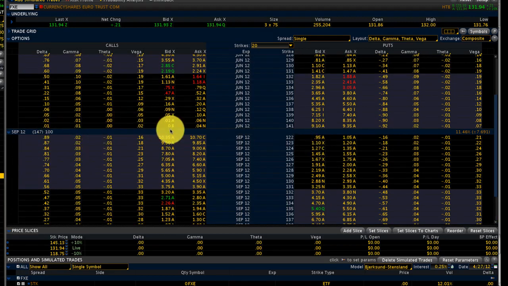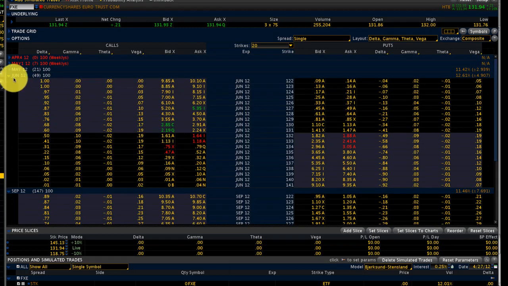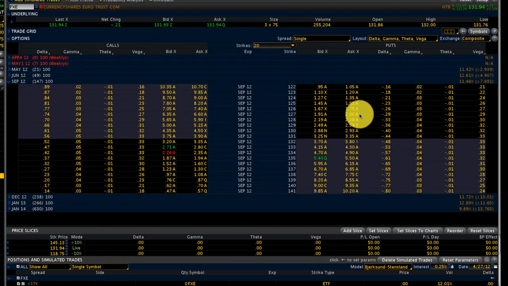So my preference is I think I'll go to the September for this trade, and I want to be a little aggressive. I want to buy a little in the money option because I want to gather steam. I'm quite sure that the FXE will probably trade down to the 130 level.